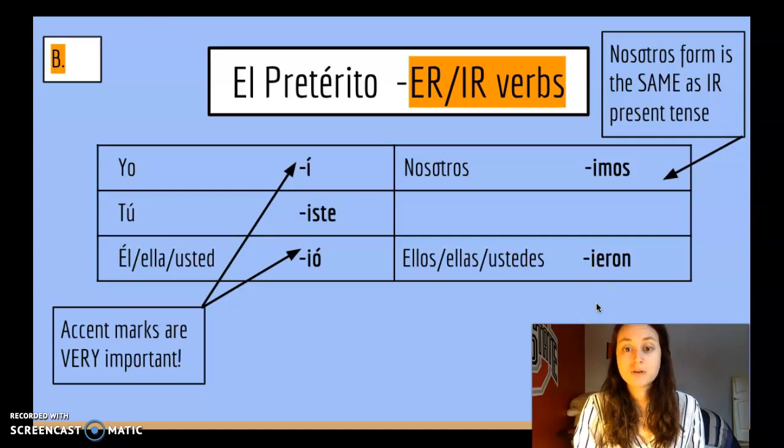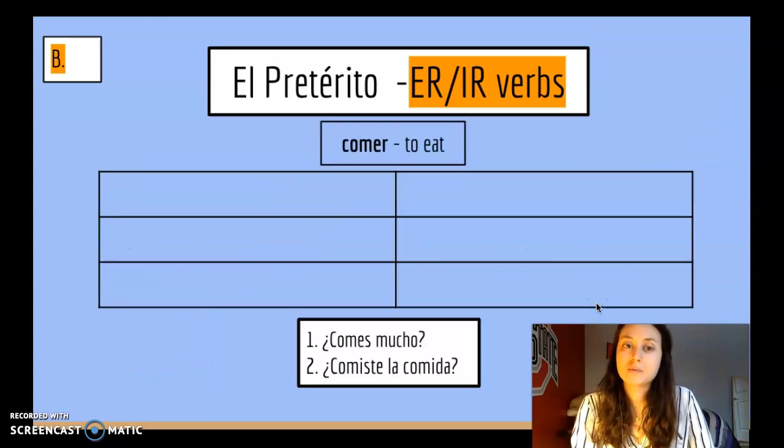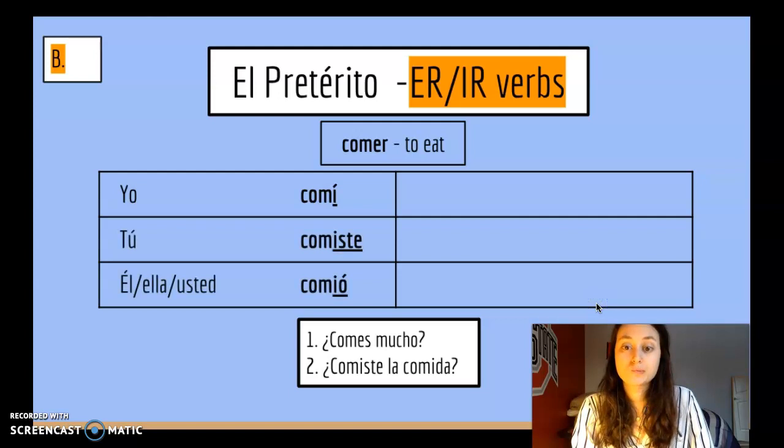Pause the video and try to conjugate the next two verbs using the preterite endings. You back? Let's check it out. El verbo comer. Yo comí. Tú comiste. Usted comió. Nosotros comimos.